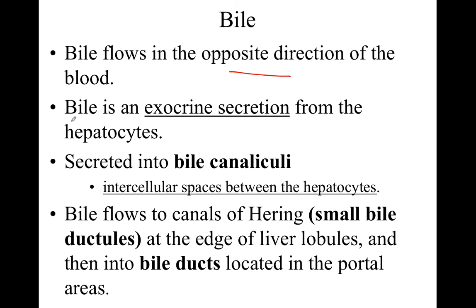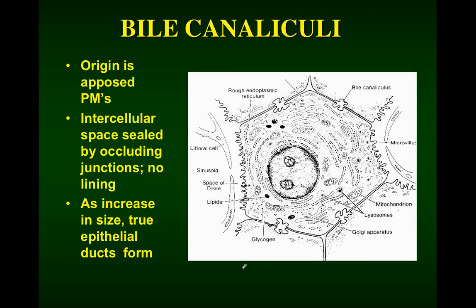The bile, which is the exocrine secretion of the hepatocyte, is usually secreted into the bile canaliculi, which is the intercellular space between the hepatocytes. Then this bile flows from these canals, the canals of Hering, small bile ducts, toward the edge of the liver lobules, and then into the bile duct, which is located in the portal area.